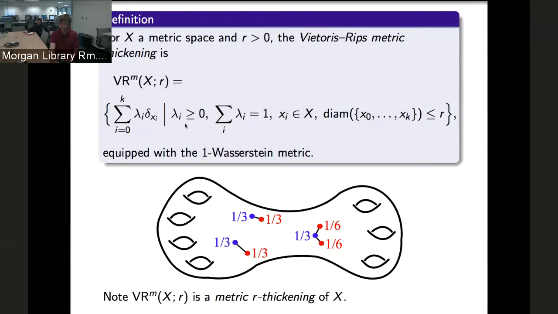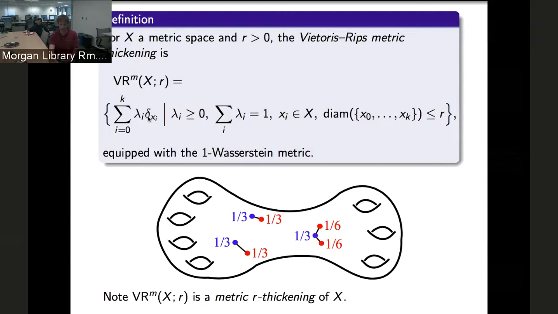Okay. So if instead of having written here this delta xi, if I had just written xi, this would be the definition of the geometric realization of the Rips complex. So what this delta xi is, this is now a Dirac delta mass. So it's a probability distribution on our manifold.